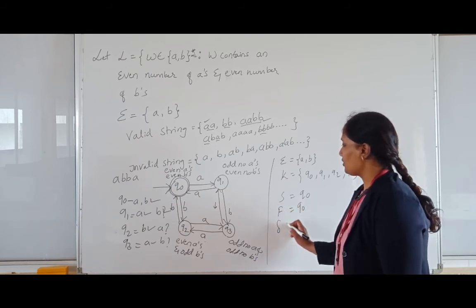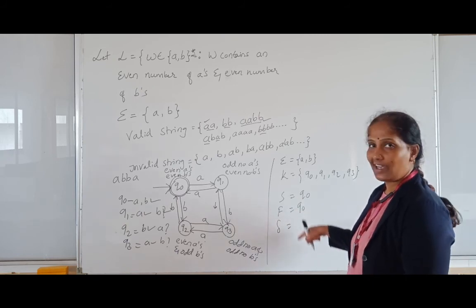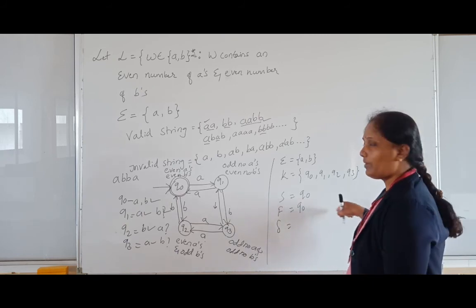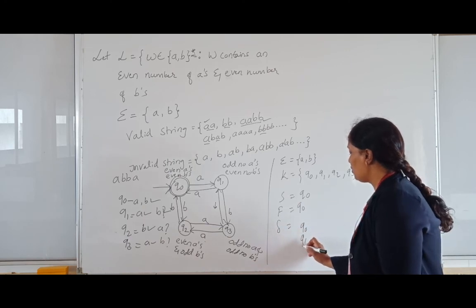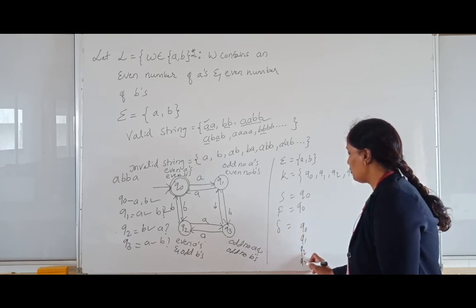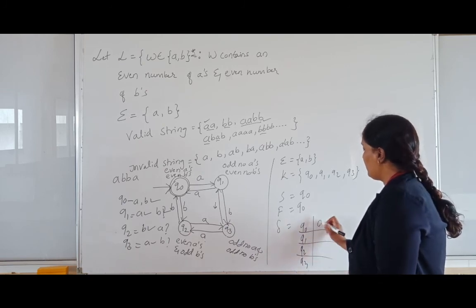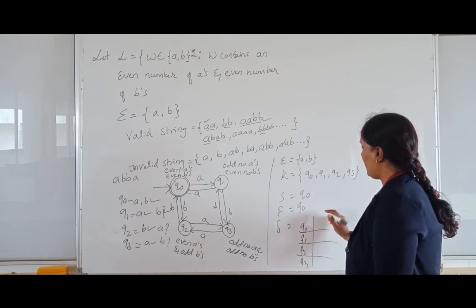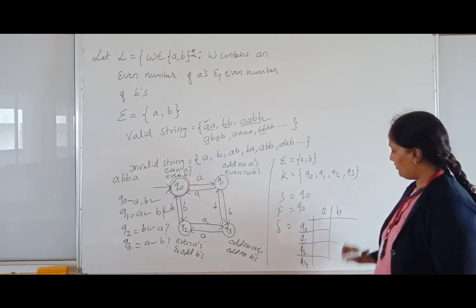What is the transition function here? The transition function is always mapped by taking states as row values and alphabet as column values. So I will take Q0, Q1, Q2, Q3 state values as row values, and A and B are the alphabet.